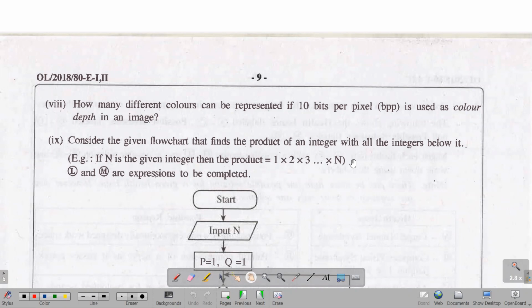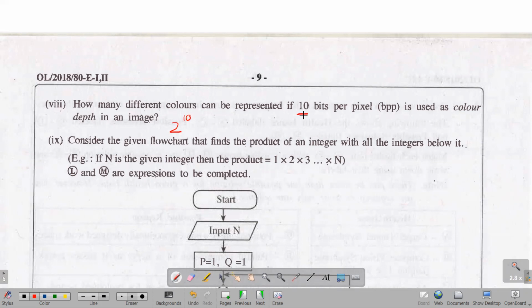If we take the number of bits as a power of 2, it will give us the number of colors that can be used with that kind of pixel. So easily the answer is going to be 2 to the power 10, because there are 10 bits per pixel.